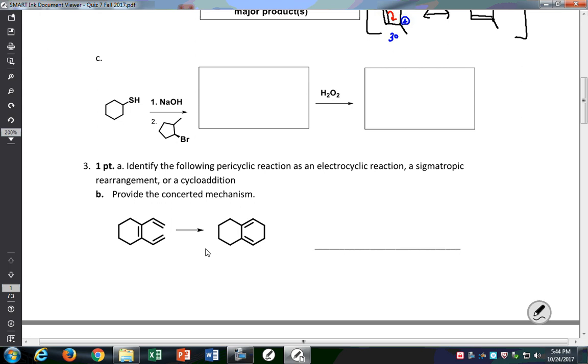So when we have something like our sulfur plus our OH negative, this is just our acid-base reaction. Remember, the equilibrium lies to this side because sulfur is bigger. So that's all that happens.